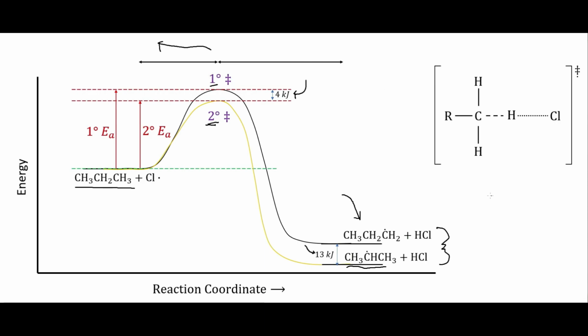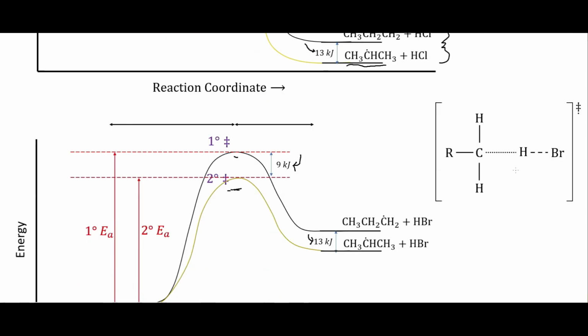And so what we see for the chlorination is that the transition state looks more like the reactant, where the chlorine here is less bound to this hydrogen than this carbon is. So this is more bound together than it is to the chlorine.